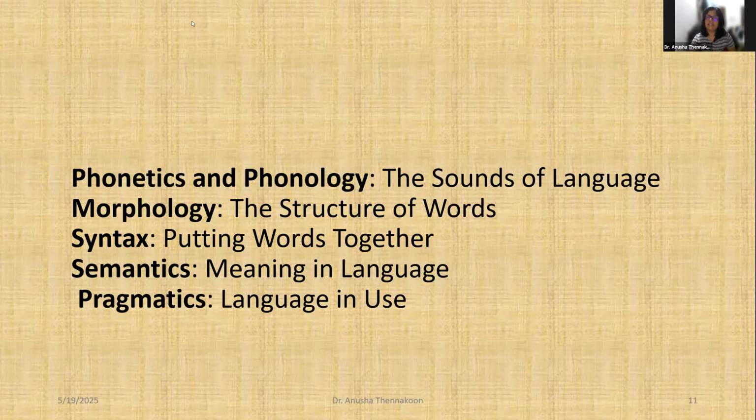Basically, syntax is about grammar actually. Semantics means the meaning of the language. Pragmatics means language in use. Okay, hereafter we will be talking about these areas in detail. You just imagine any language consists of these areas: phonetics, phonology, morphology, syntax, semantics, plus pragmatics.